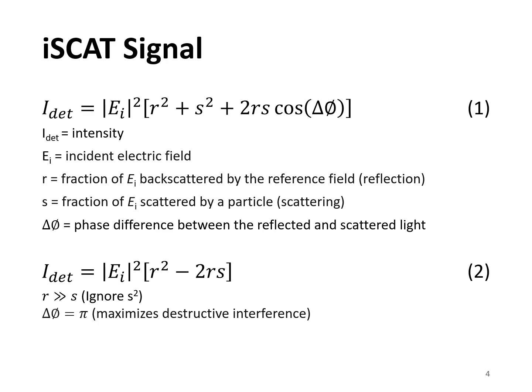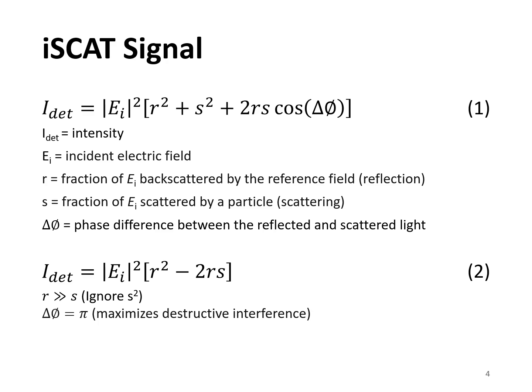Formula 1 describes the intensity detected by the camera. I_detect is the intensity, E is the incident electric field, R is for reflection, and S is for scattering. Delta phi is the phase difference between the reflected and scattered light.